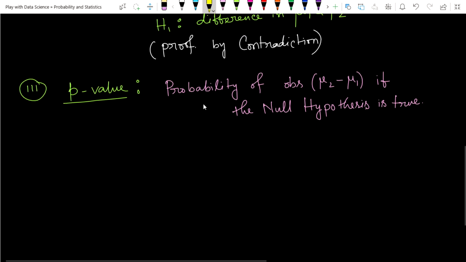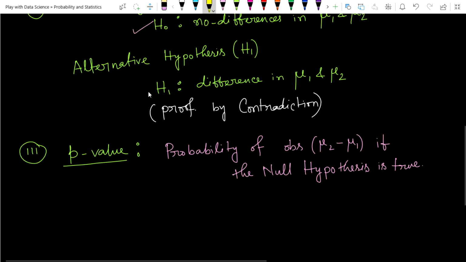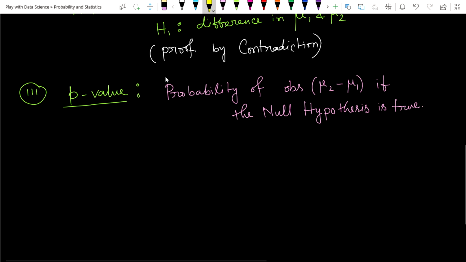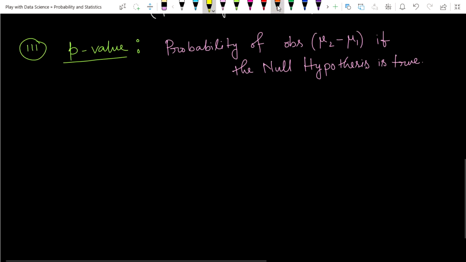If this probability value is low, we can reject it, and if we reject it, we accept H1. I think you got the answer. Let's discuss in more detail. This is our assumption part.